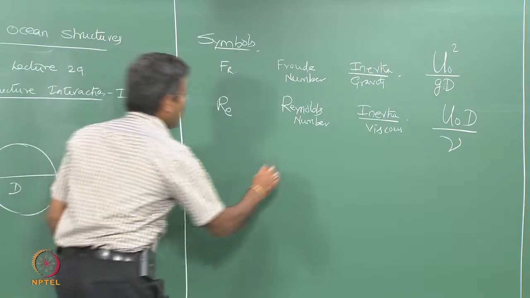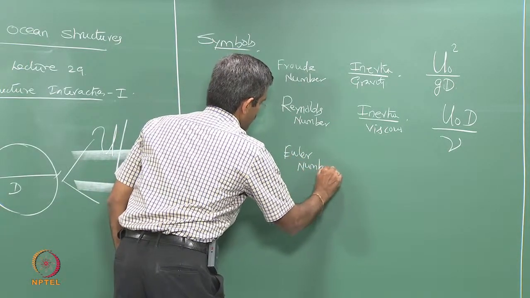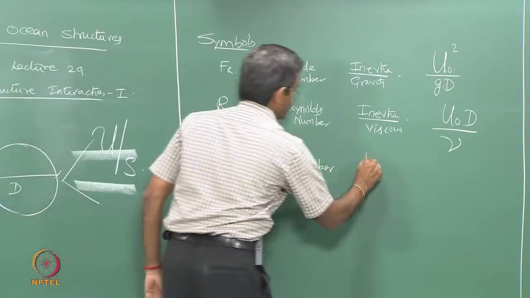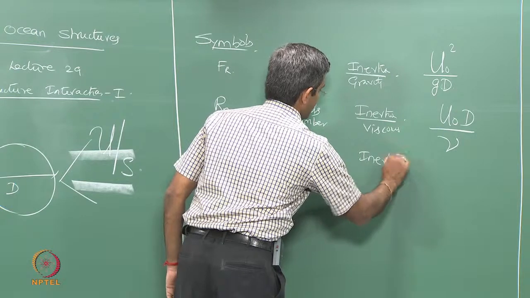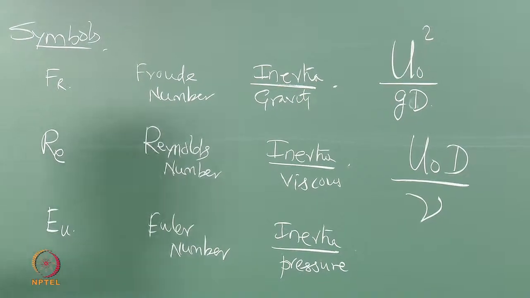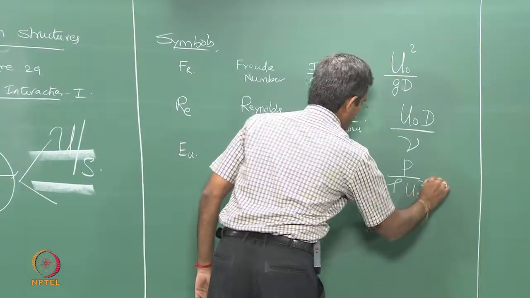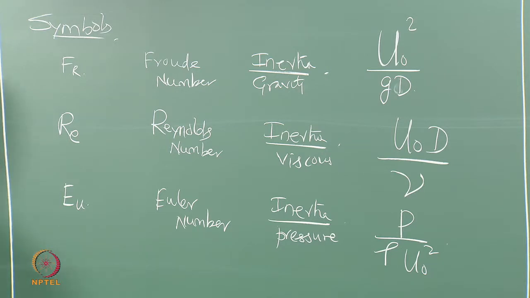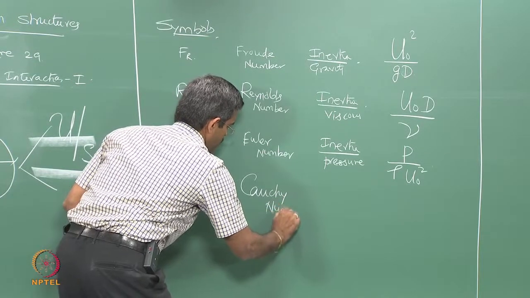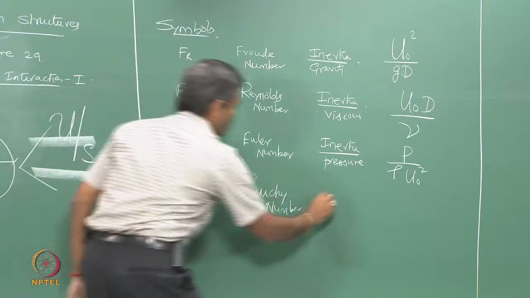Next important is the Euler number, given by Eu, ratio of inertia to pressure. Cauchy number, Ch, inertia to elastic.